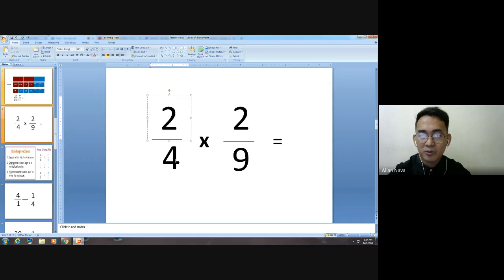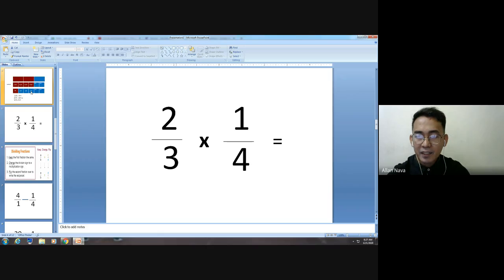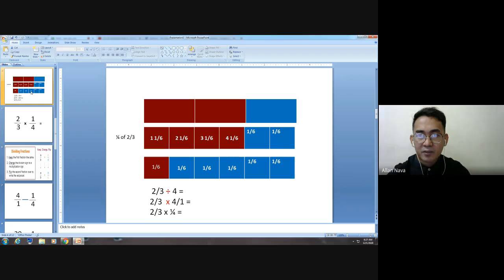So, 2/3. Tapos nag-flip na tayo. Naging 1/4. So, dito yan galing, ha? I-highlight ko. Diyan siya galing. So, 2/3 times 1/4 na siya.